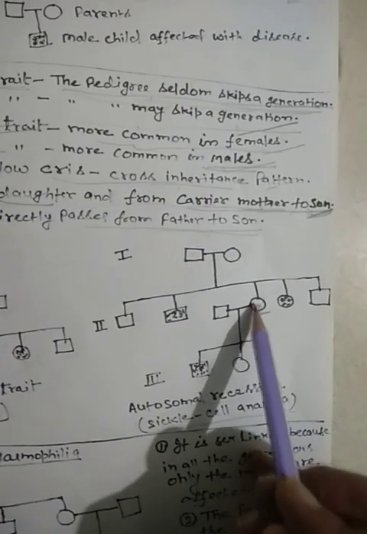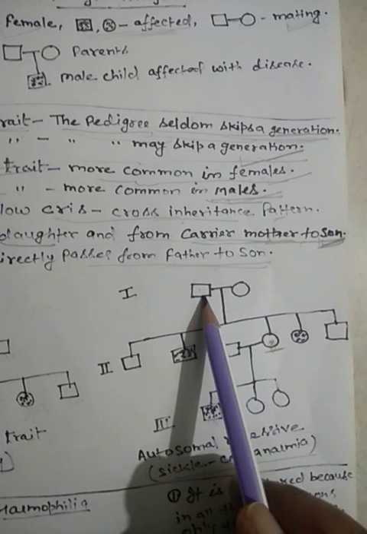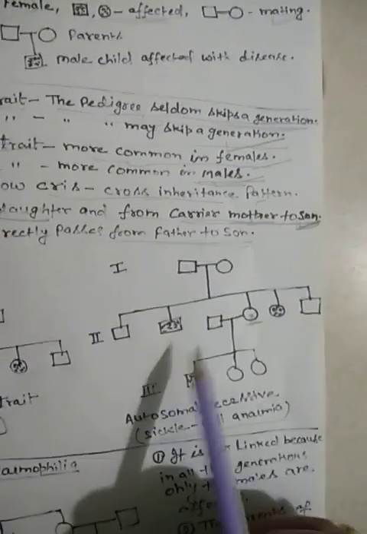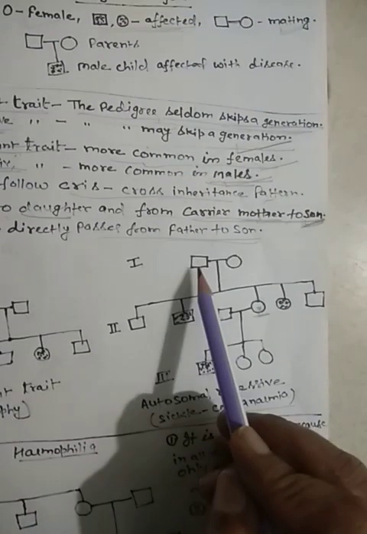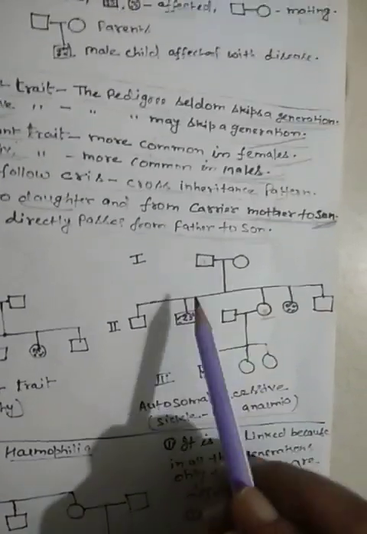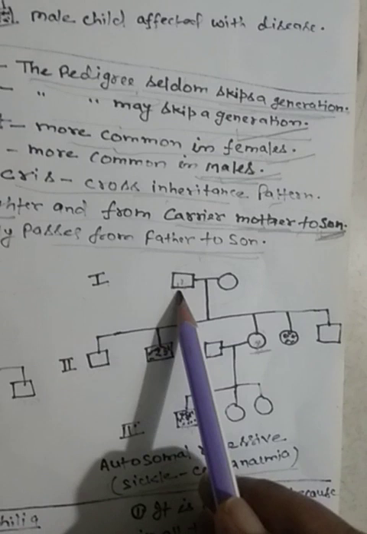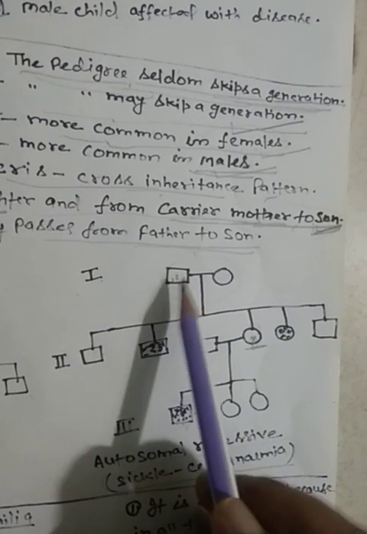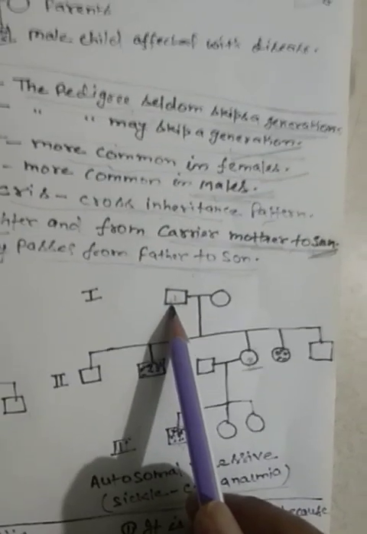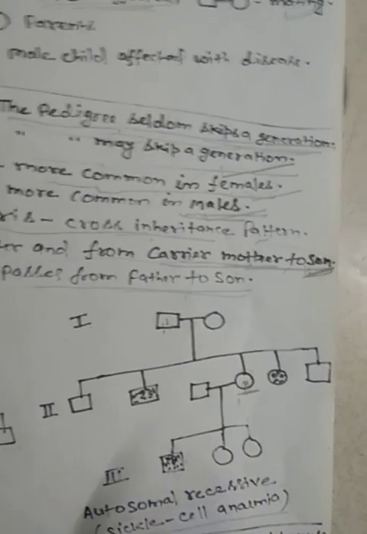If this daughter is the carrier and got the sex-linked gene from the father, because the father provides his sex-linked gene to the daughter, then the father must be affected, because the father is hemizygous and a single recessive allele can cause the disease. But here we can see that in this chart the father is normal. It means this is not a sex-linked trait. It means it is an autosomal trait.